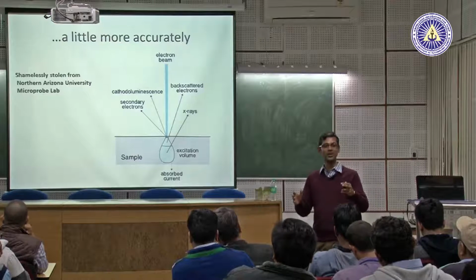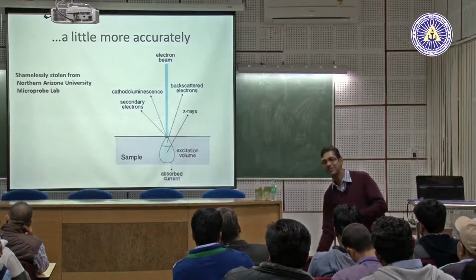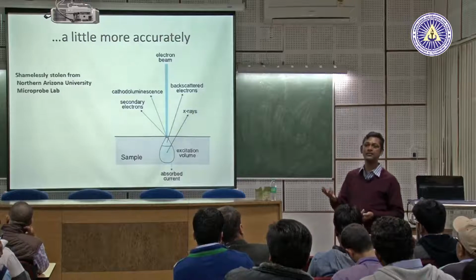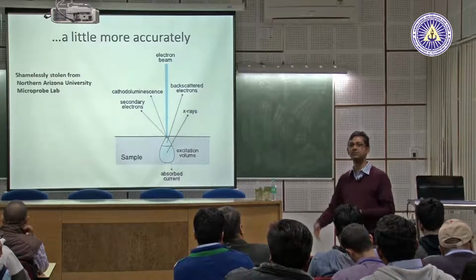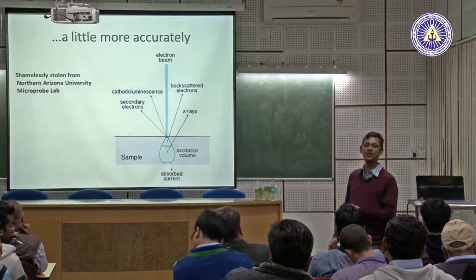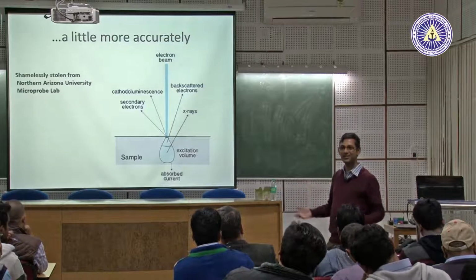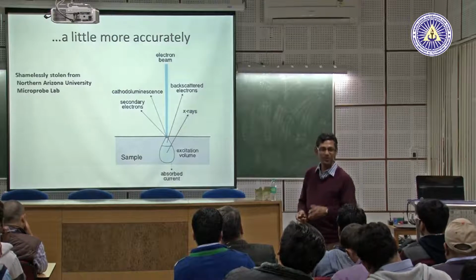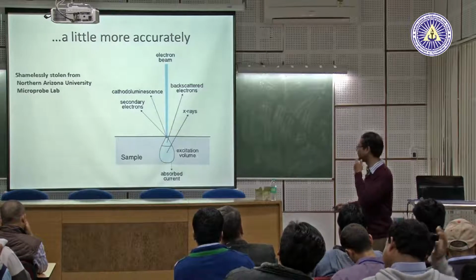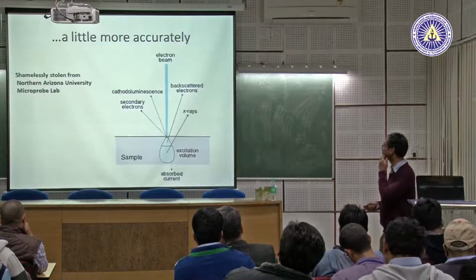Sometimes your surface will not show many phases, but the backscatter image will show many more than that, because things which are there beneath the surface will come on the image. And X-rays come from an even larger volume. So please remember these aspects when you are doing the actual microscopy lab.